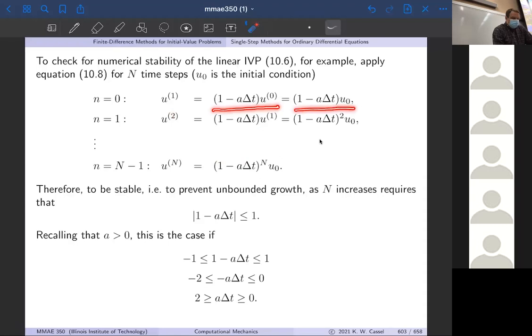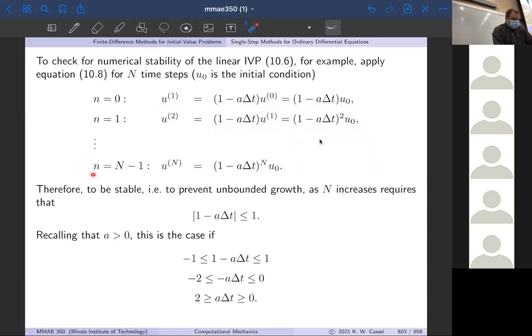Here we have 1 minus a delta t times the first time step, so u1. But u1, well, that's just 1 minus a delta t times the initial condition. So that's 1 minus a delta t squared times u0. And then the next one is 1 minus a delta t cubed times u0. To the power 4 times u0, to the power 5 times u0.